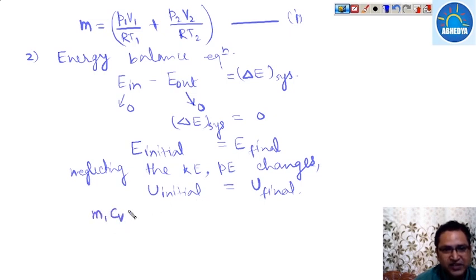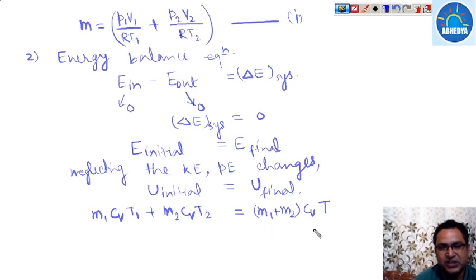M1 CV T1, since the first chamber is at a temperature of T1 and its mass is M1, plus the second chamber M2 CV T2. We are taking CV the same because the gas is the same. When they are mixed, the final mass is nothing but M1 plus M2 times CV, and we have assumed that the final temperature is T. So what is the value of T? T is nothing but M1 T1 plus M2 T2 divided by M1 plus M2.